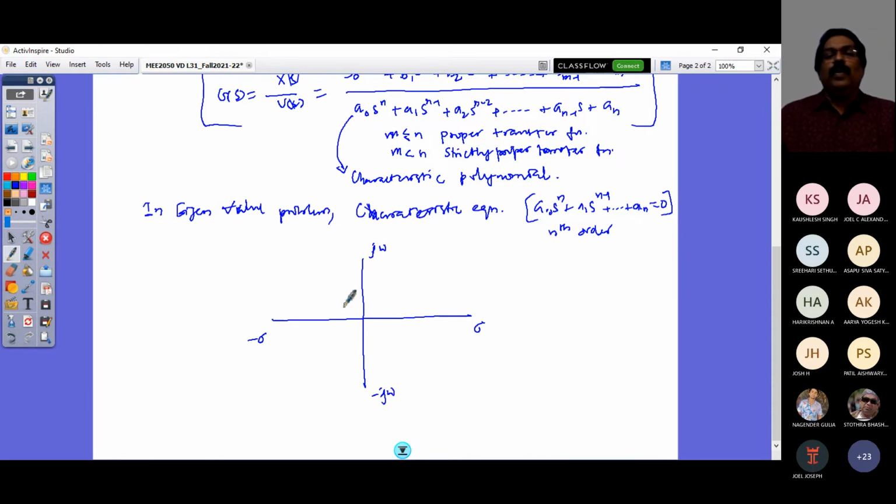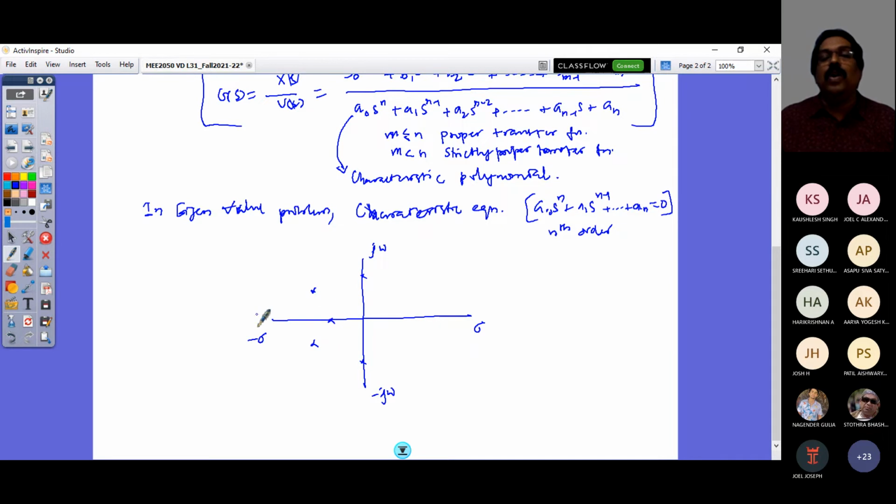If my roots always lie on this side, then it is a stable equilibrium. If the roots lie on the imaginary axis as complex conjugates, then it is again going to be an oscillatory system. These roots don't have a real part, only an imaginary part, as complex conjugate roots. So that represents the system oscillation.